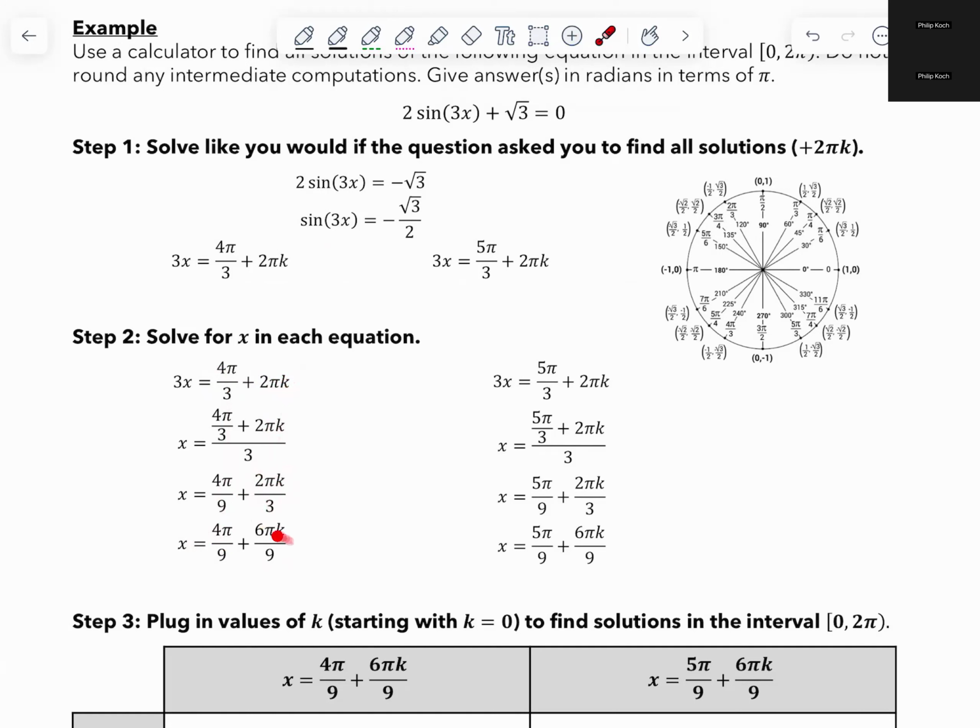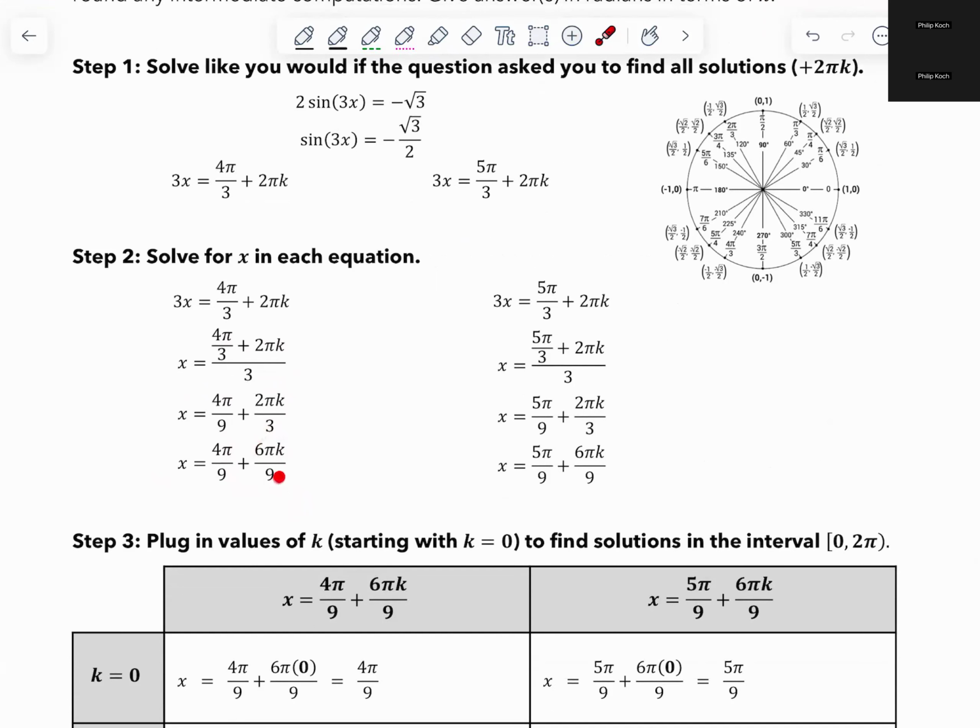If it was asking for just a general solution, I would just stop right here because that's the simplified form. But this is asking for answers between 0 and 2 pi, so it would be nice to write them with the same denominator. That way, we can add them quickly.